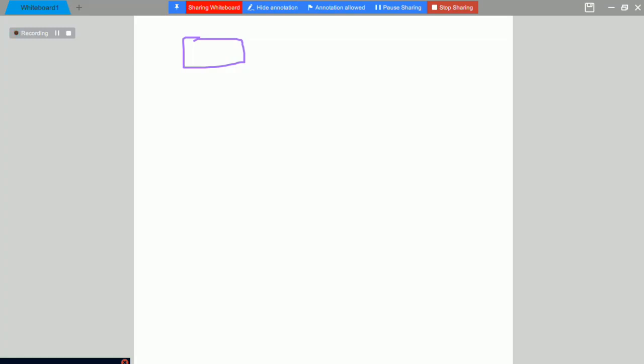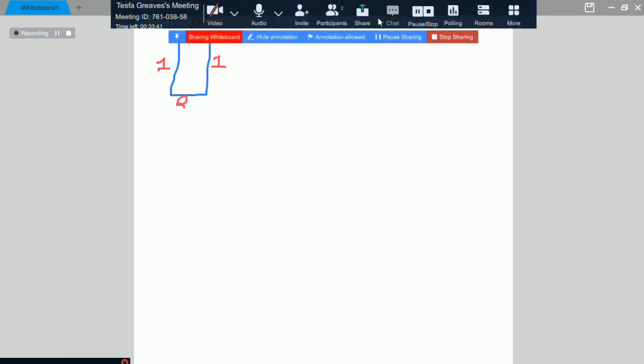Matter of fact, the poster would probably look more like this. And on the outside, it has 1-inch margins and then 2-inch margins at the top.